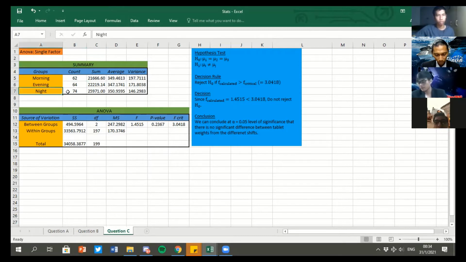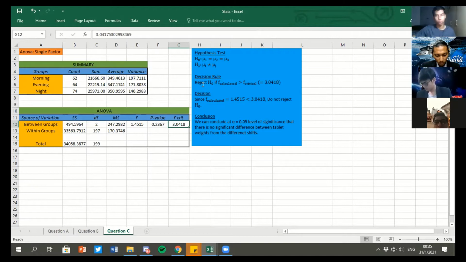From the summary table, I can construct an ANOVA table, ANOVA also known as analysis of variance. For the hypothesis test, under H0, there is no significant difference between the weights of tablets, while under H1, there is significant difference between the weights of tablets.